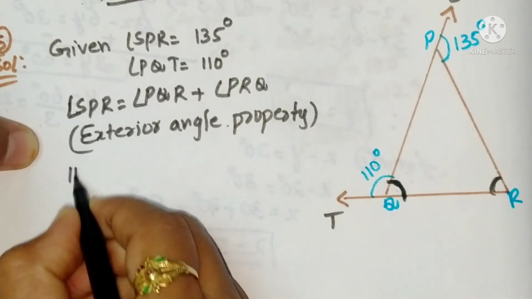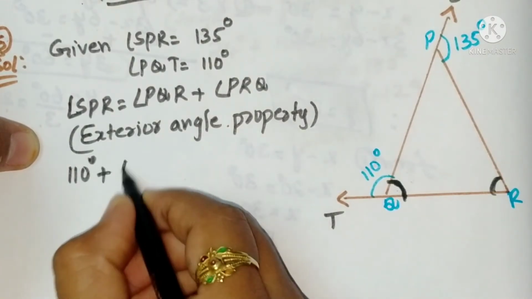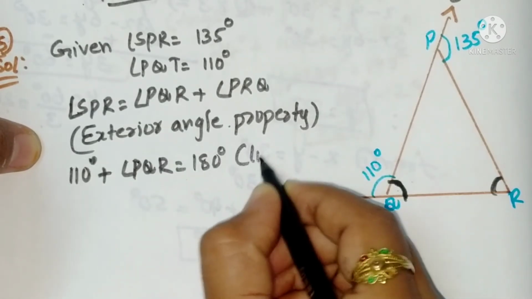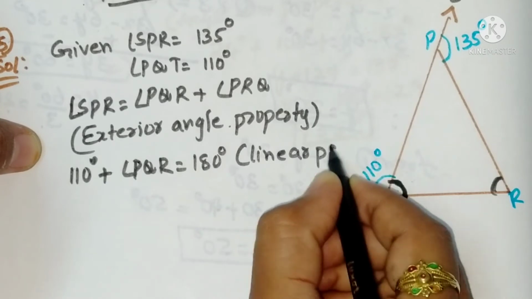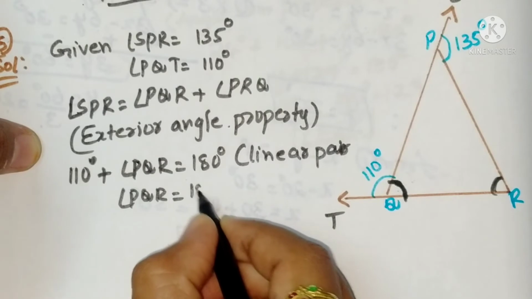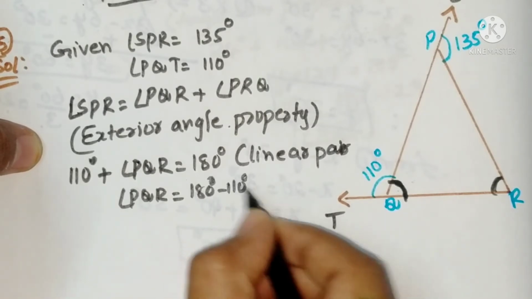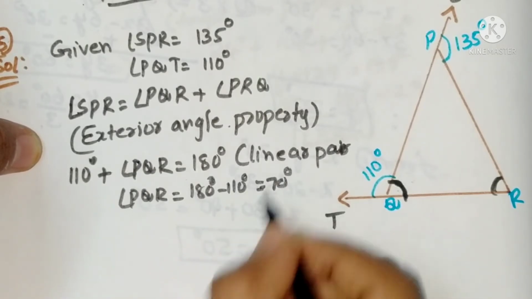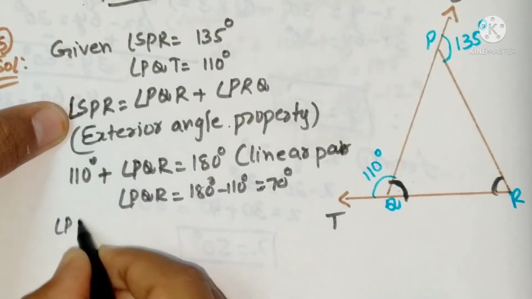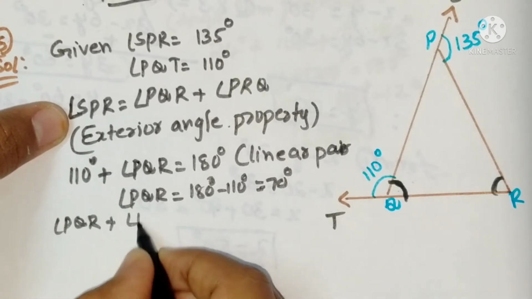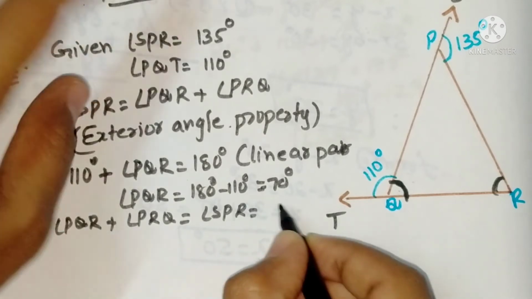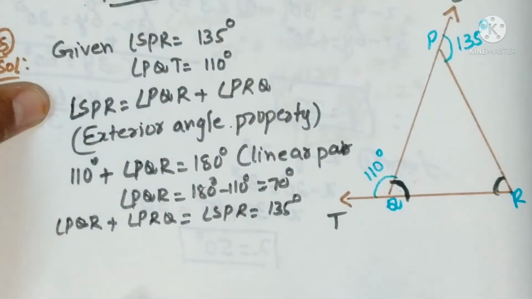Right. So 110 degrees plus angle PQR is equal to 180 because they are a linear pair. So angle PQR is equal to 180 minus 110, that is 70 degrees. Now we have angle PQR plus angle PRQ is equal to angle SPR, that is 135 degrees.